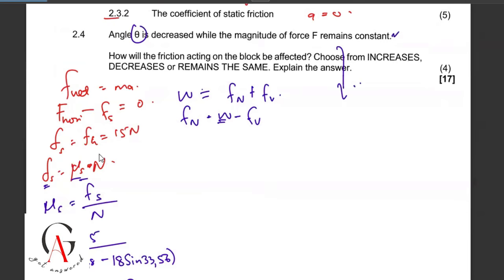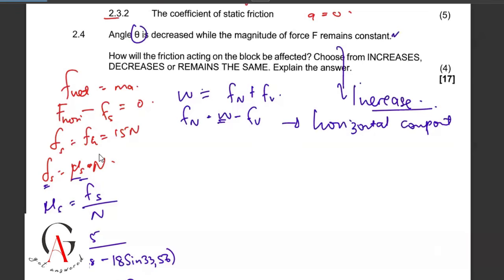So number one, the friction is definitely going to increase. As long as the angle decreases, the friction is going to increase. And what is the explanation? You're going to say that the horizontal component will increase. What do we mean? If you have the cos of theta, when this theta becomes smaller, the value increases. If the angle increases, then the value of cos theta decreases.